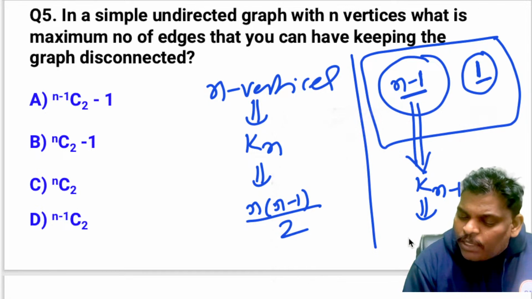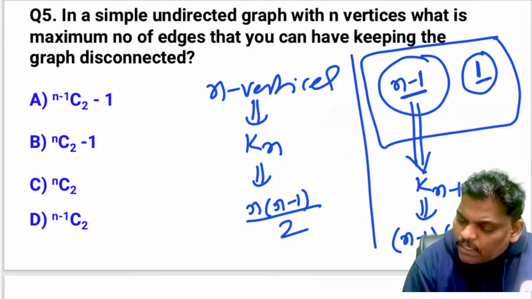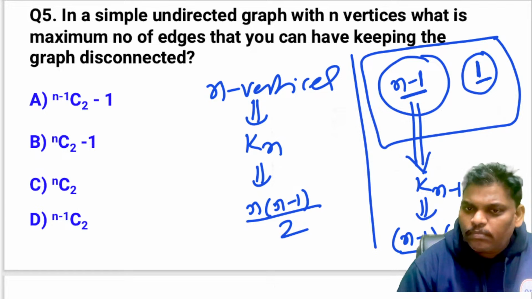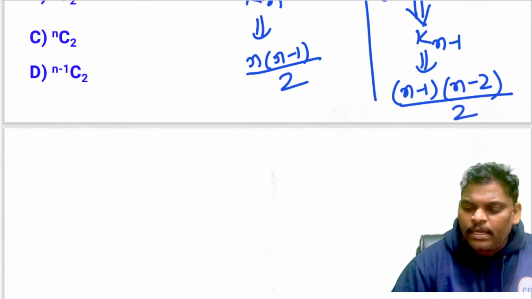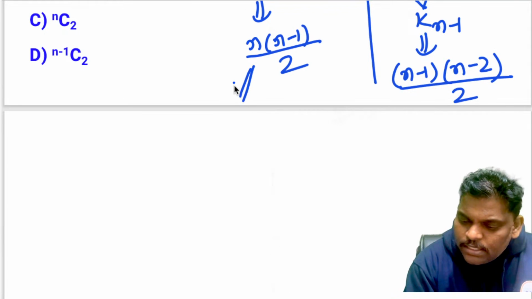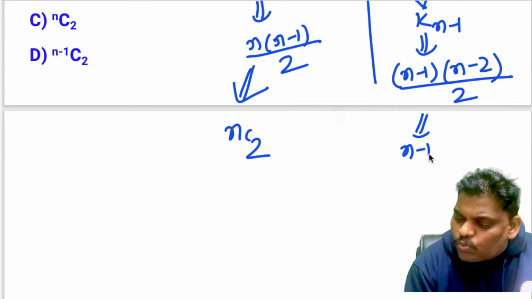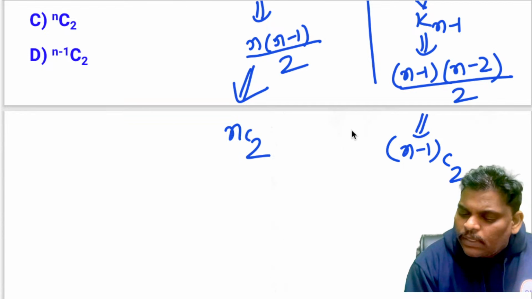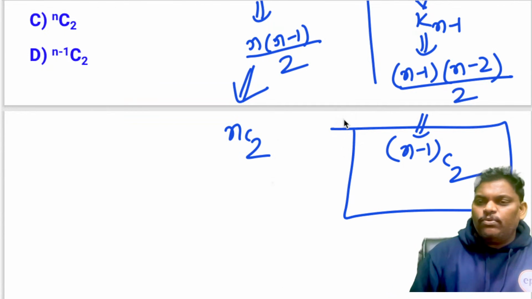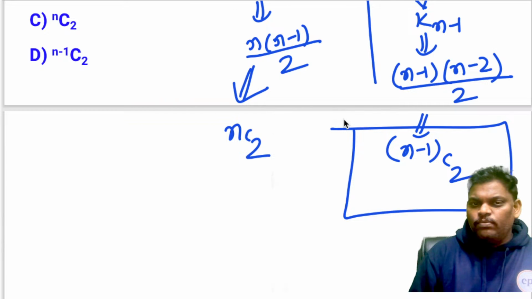Kn minus 1 contains how many edges? n minus 1 into n minus 2 by 2. This is called n minus 1 C2.